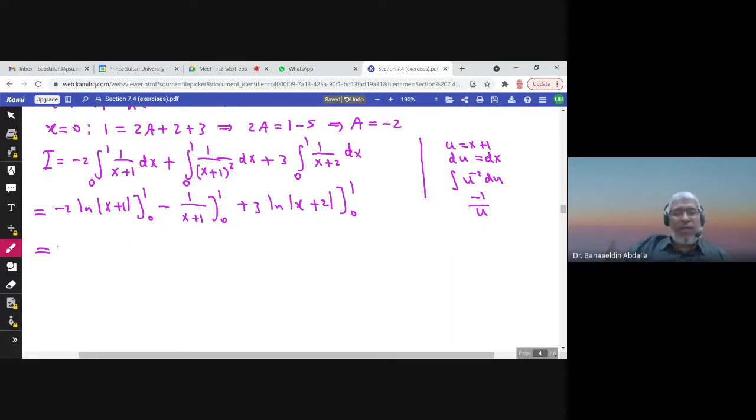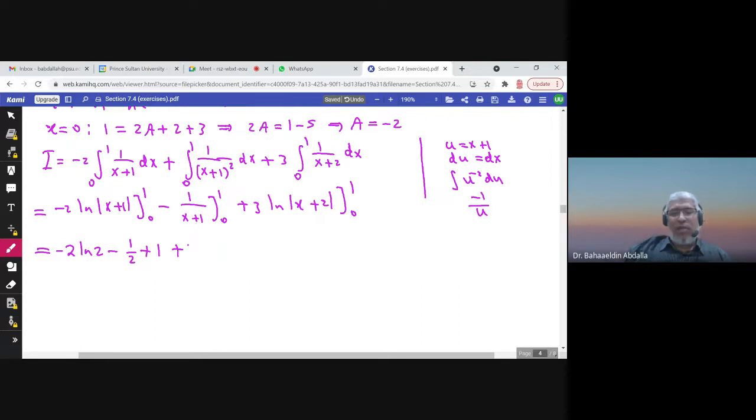And I have here negative 2 ln 2, 1 plus 1 is 2, minus ln 1 is 0, minus. If I replace x by 1, I have half, and then minus, so that it would be plus 1 over 1, that's 1.